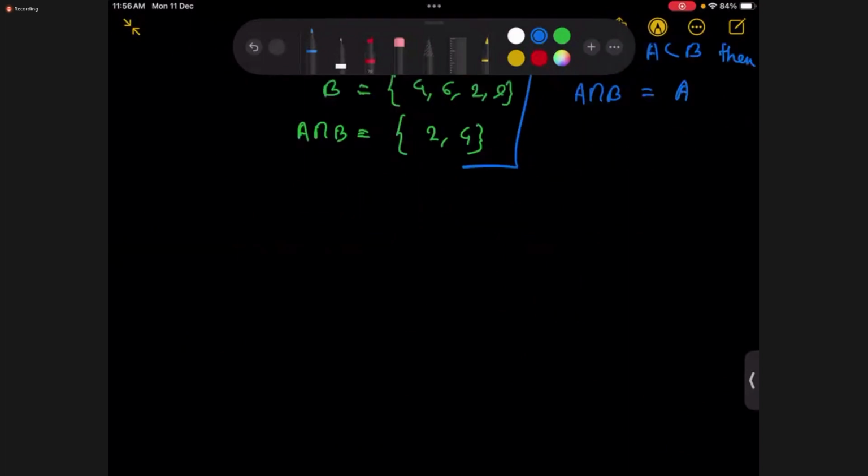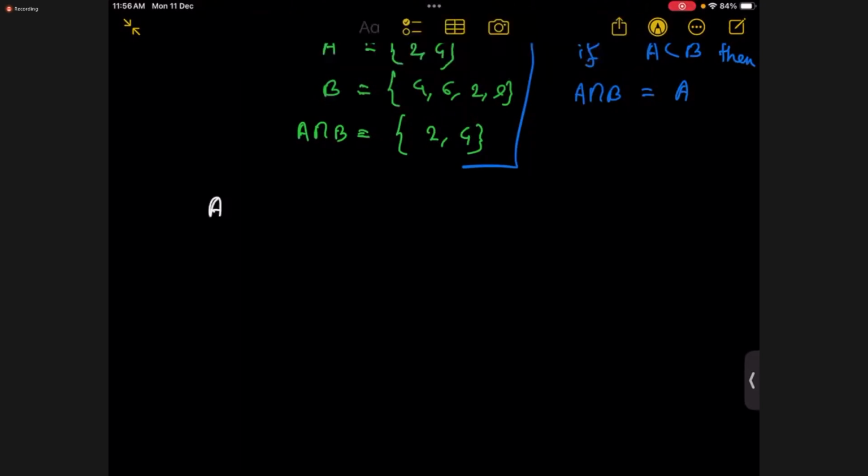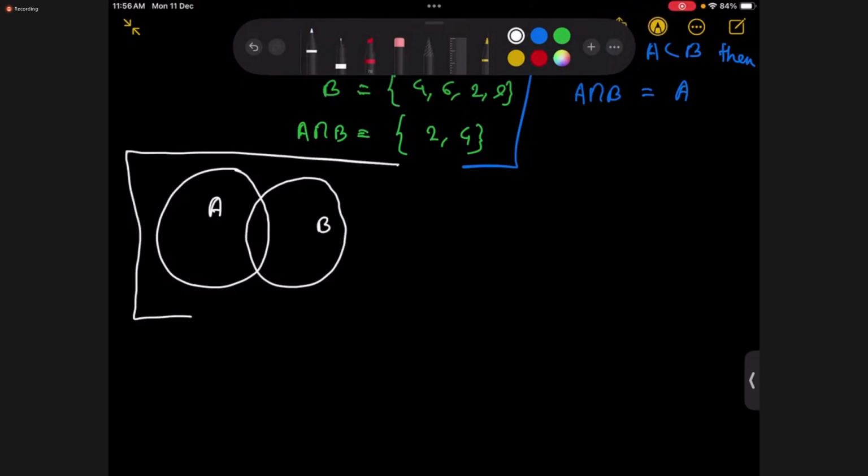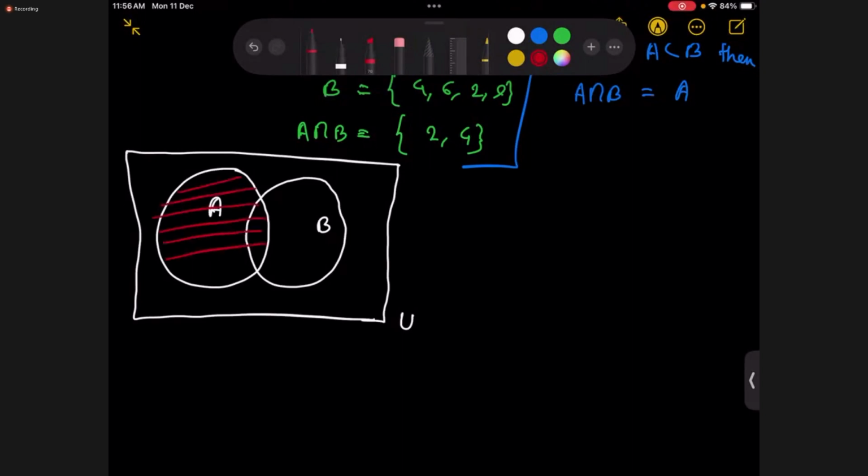Let us say this is the set A, and this is the set B, and this is the universal set U. A contains the red one, and B contains the blue one.